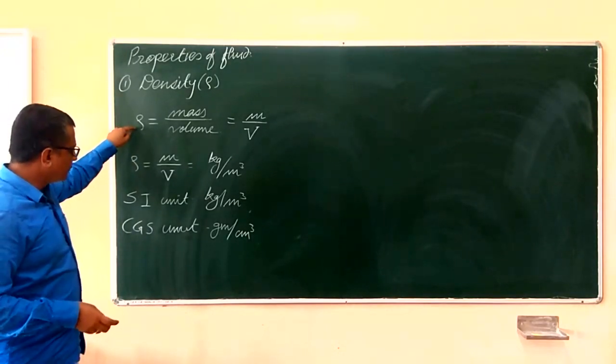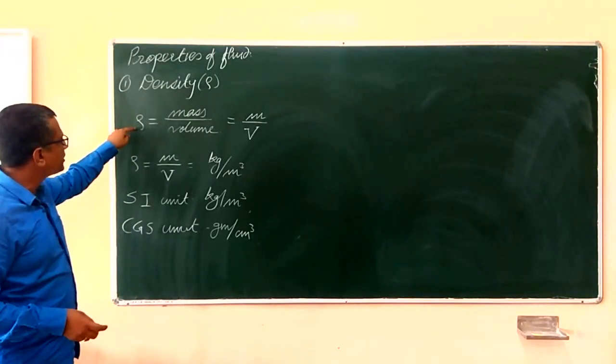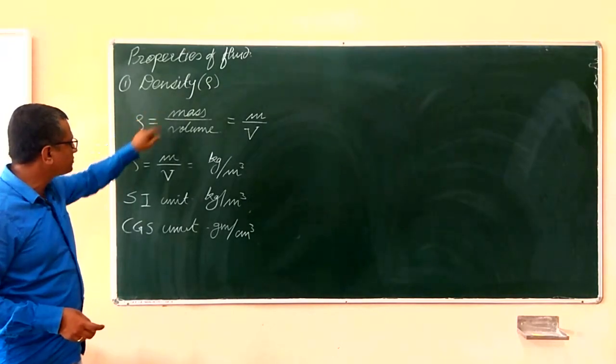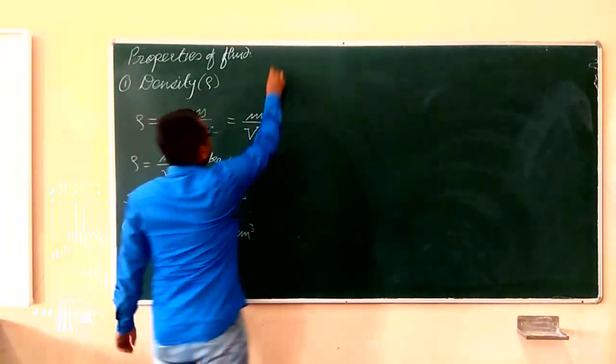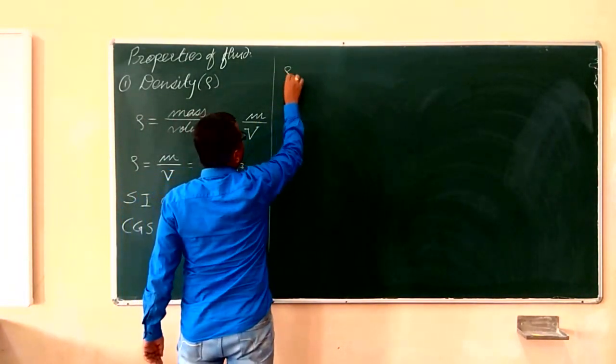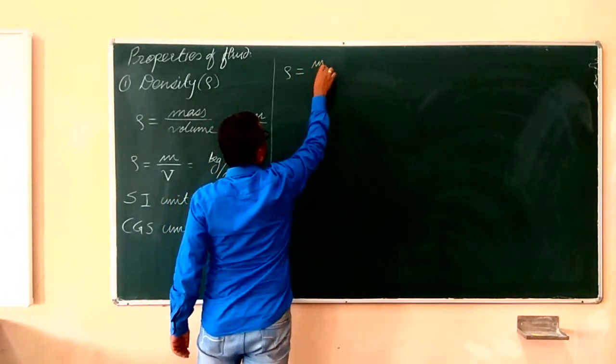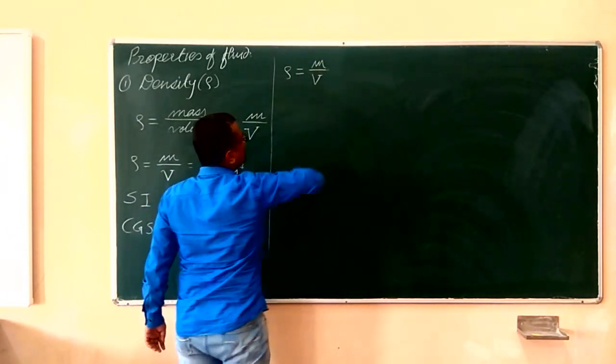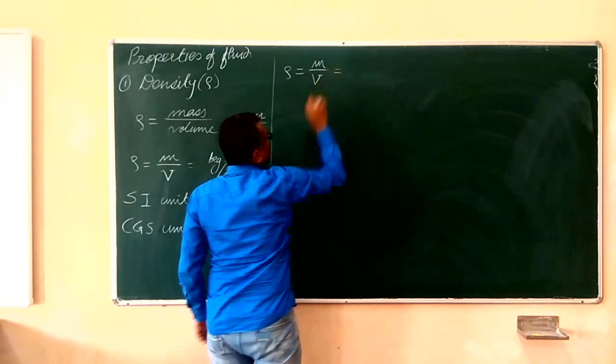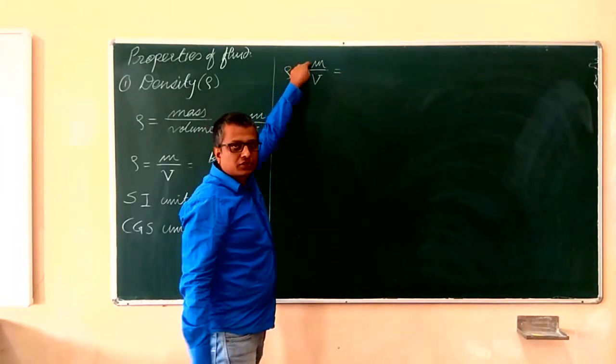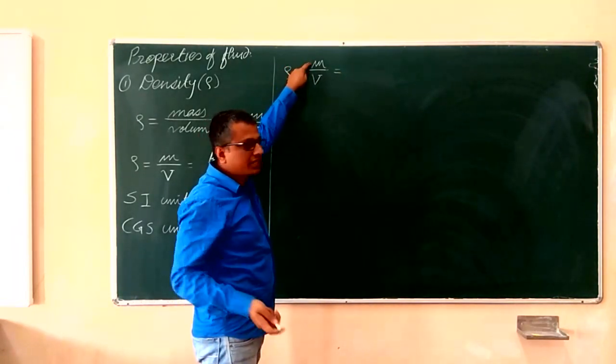The term density will have the dimensions. You can get the dimensions of density from the formula, mass per unit volume. Rho is equal to mass per unit volume.